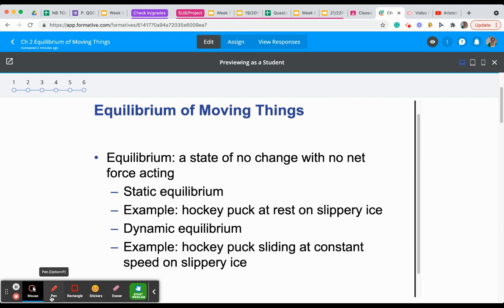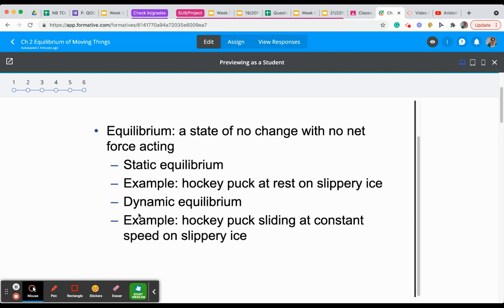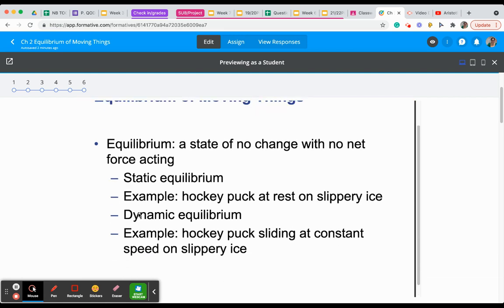So we have equilibrium is a state of no change with no net force acting on it. There are two general types of equilibrium: static and dynamic. I'm going to take a moment and highlight those two for you.